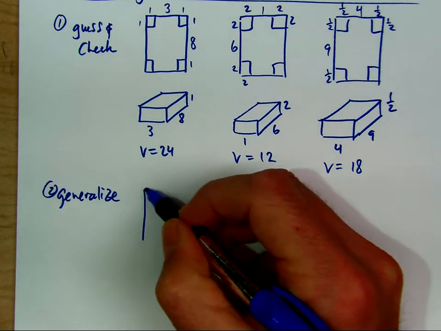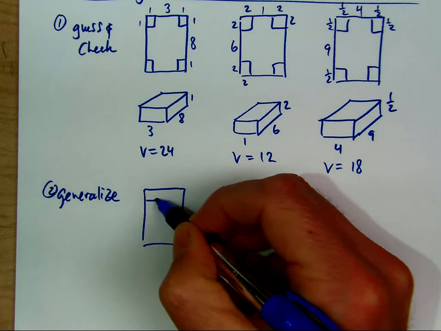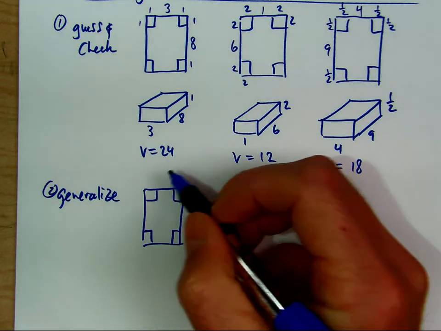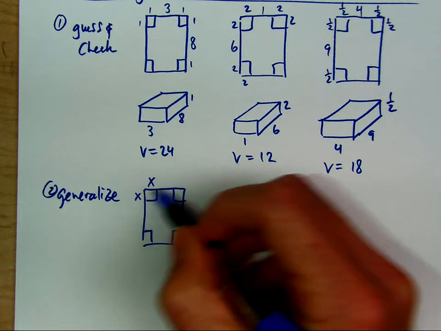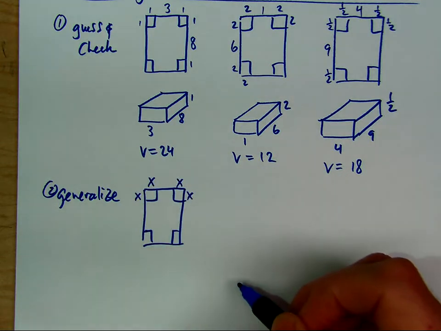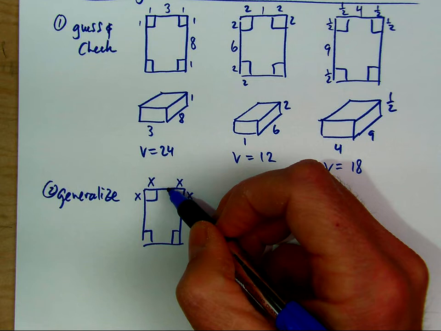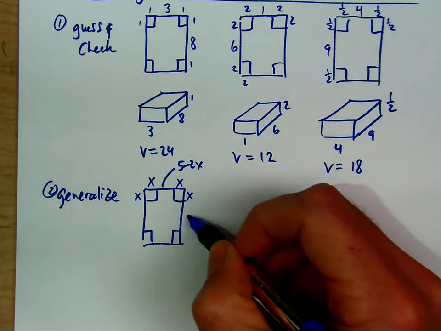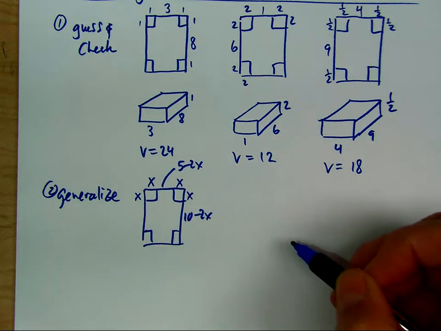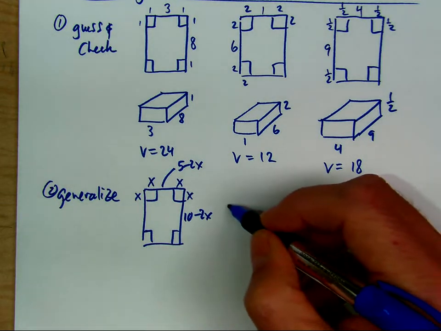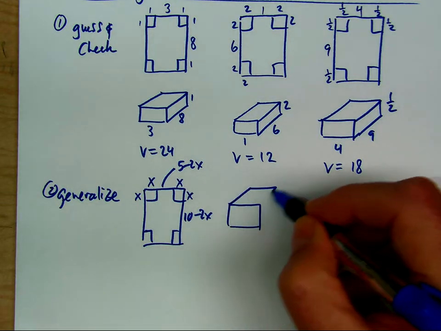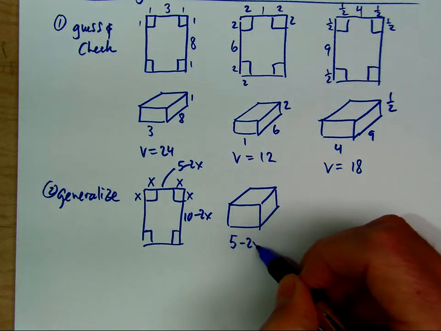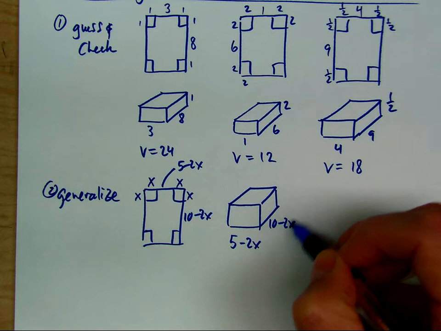So just looking at the repetitive steps we did, how we're changing the numbers, those changing numbers are variables. So we kept changing the side lengths of the square, and then we can figure out that this is going to be 5 minus 2x, and this is 10 minus 2x, just like we did with numbers, giving a box with dimensions 5 minus 2x, 10 minus 2x, and x.